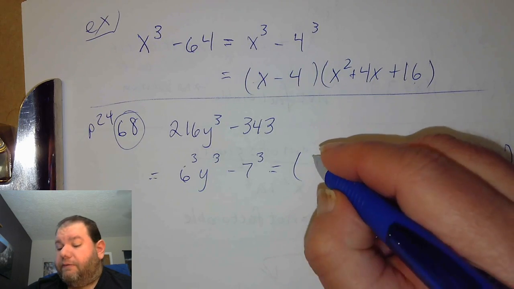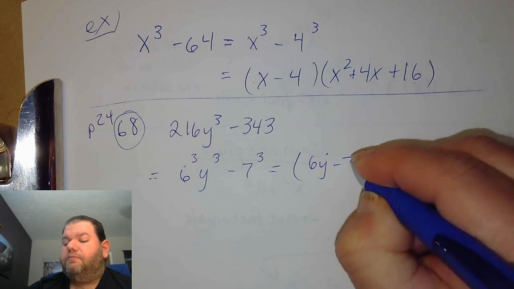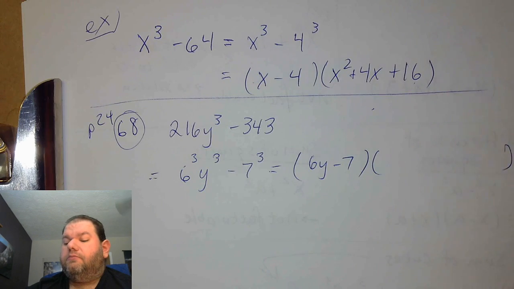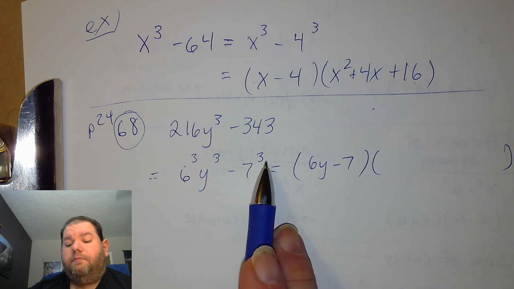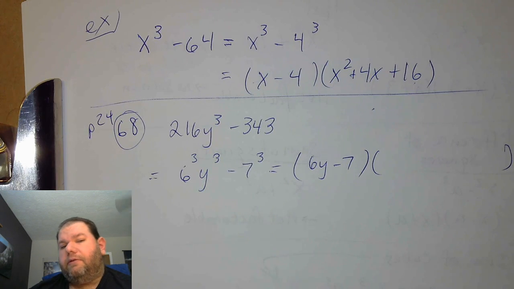Six y minus 7. Again, just leave off the cubes, so 6y minus 7.